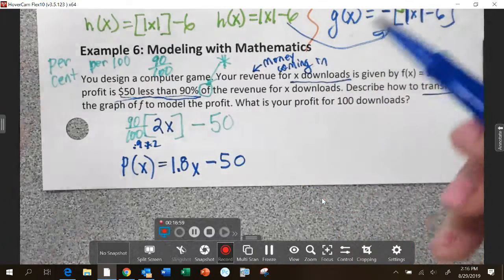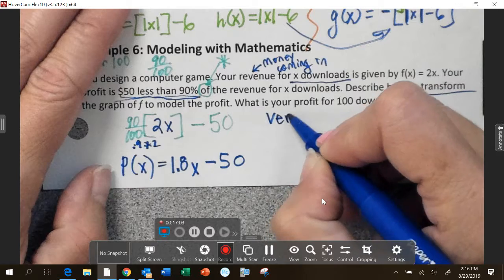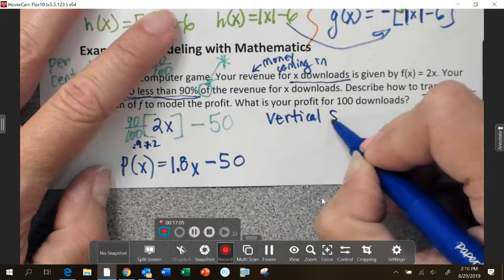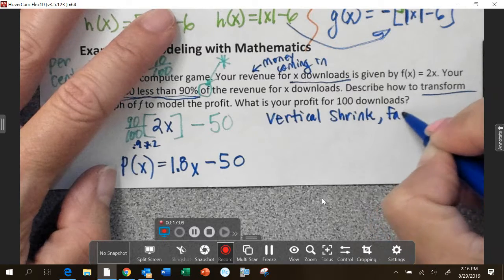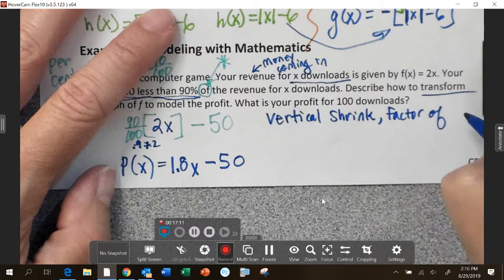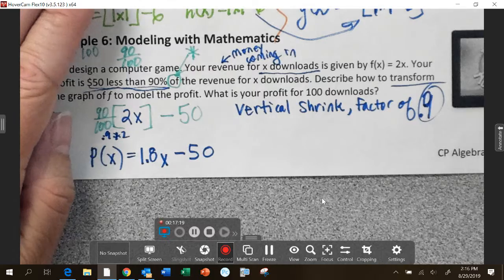And this is a vertical shrink, because it's less than 1. So you write vertical shrink, comma, factor of 0.9.